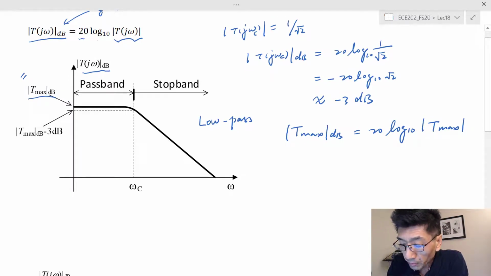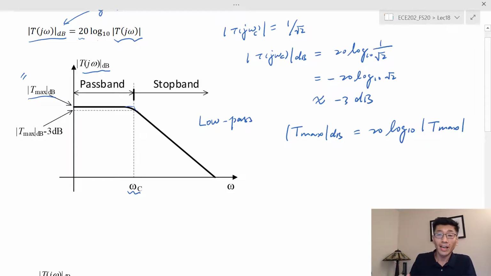For the low pass, we can see the pass band at low frequency, lower than the corner frequency or the cutoff frequency. Now we actually see the corner more clearly. We have this round corner with a much narrower transition frequency range.